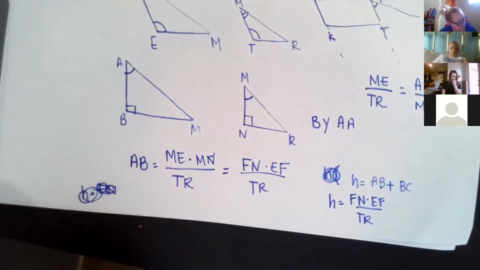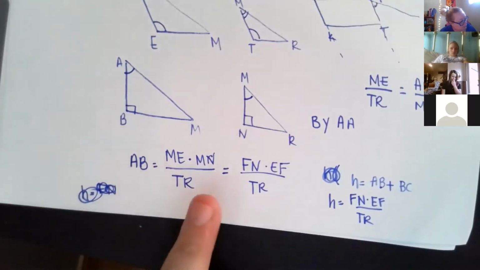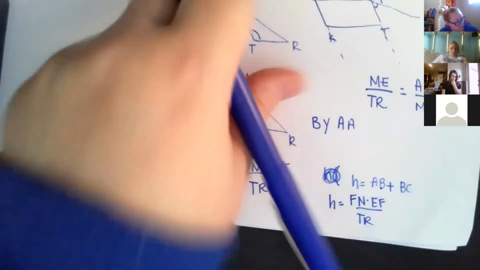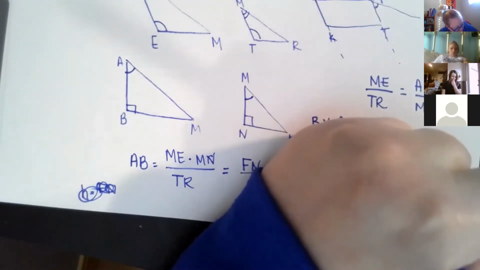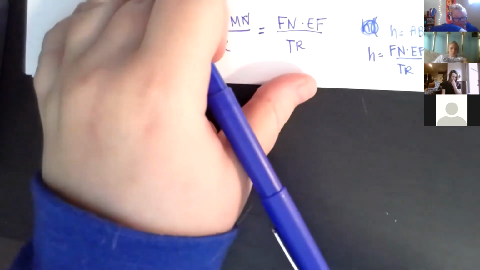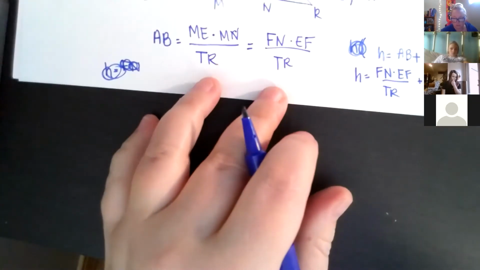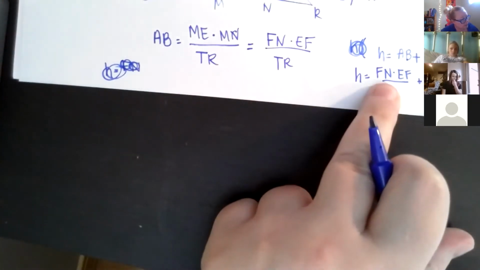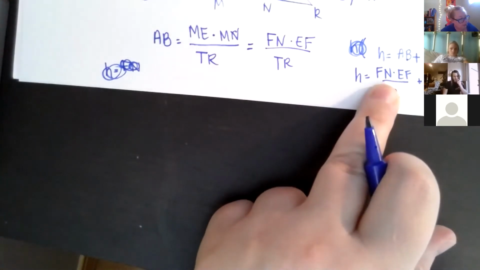And then BC is equal to EF. Then you just substitute that stuff in there with the little letters. So FN is B, EF is A, so you get AB.